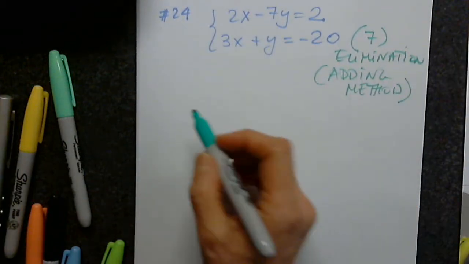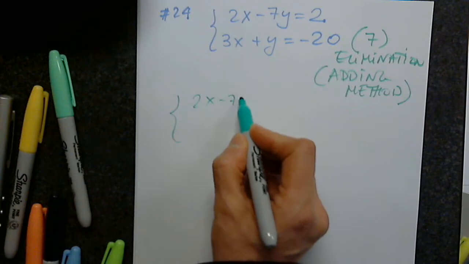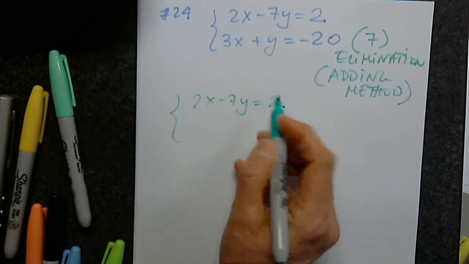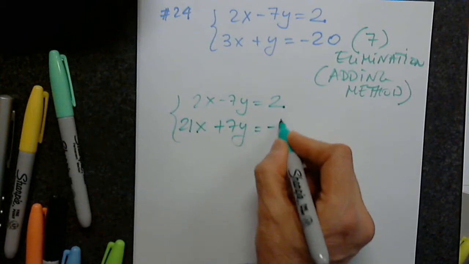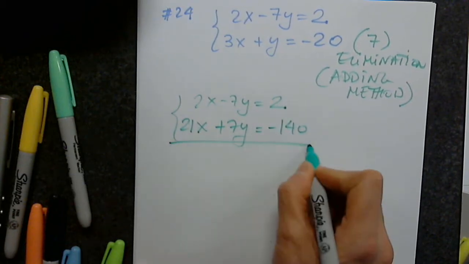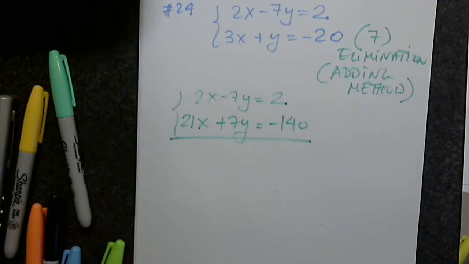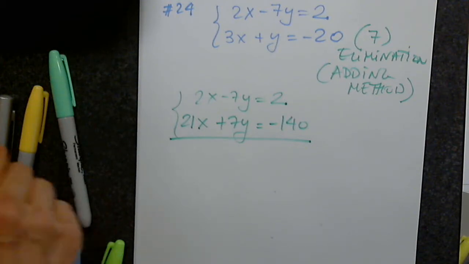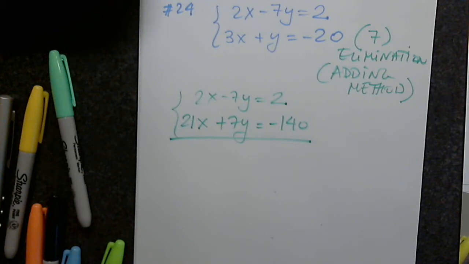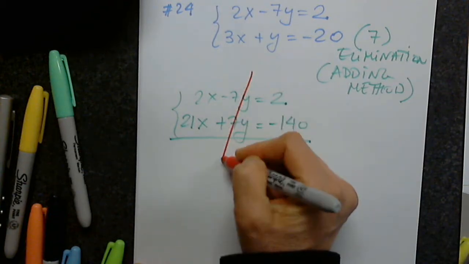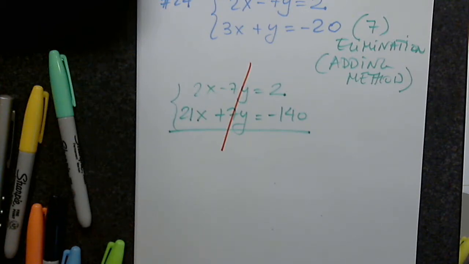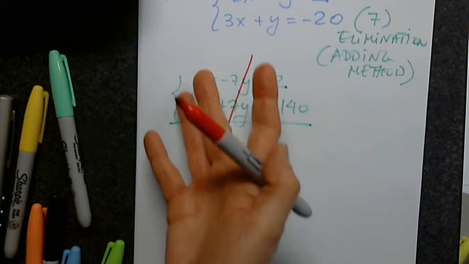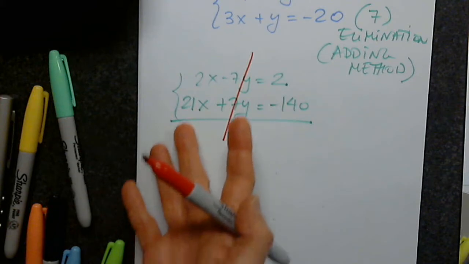I copy the first equation. 2x minus 7y equals 2. And then 21x plus 7y equals -140. I multiplied each and every term by 7. So now, these two, by plan and by design, they went away. I combine, I add what I see.